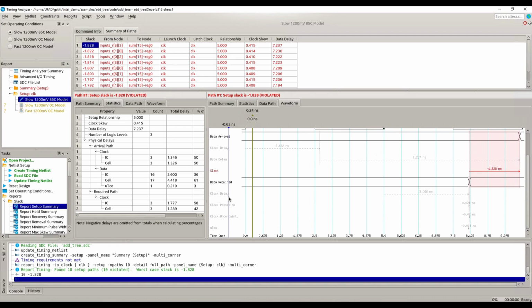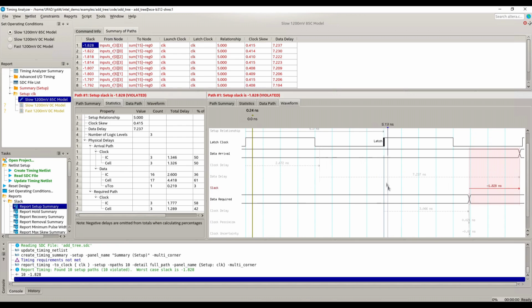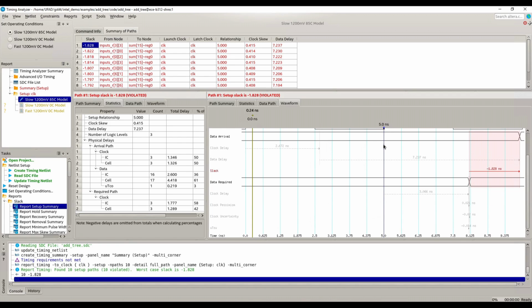So that is this clock delay down here. So the latch edge starts right here. This is basically the rising edge for the destination flip-flop for the cycle that we are interested in. But it takes 3.066 nanoseconds before that rising clock edge actually arrives at our destination flip-flop, in this case, the sum register.